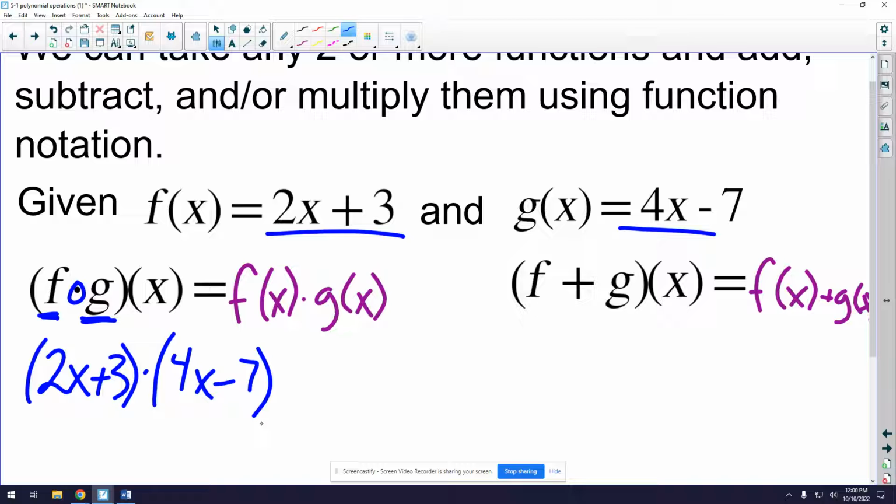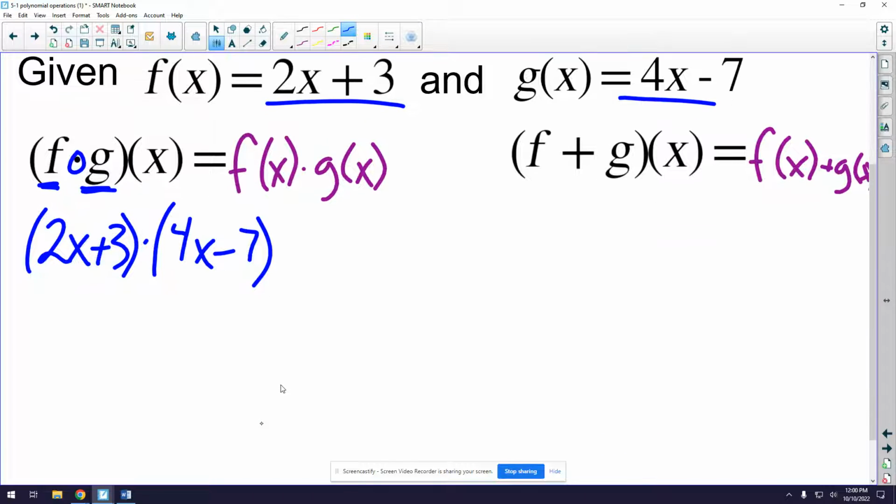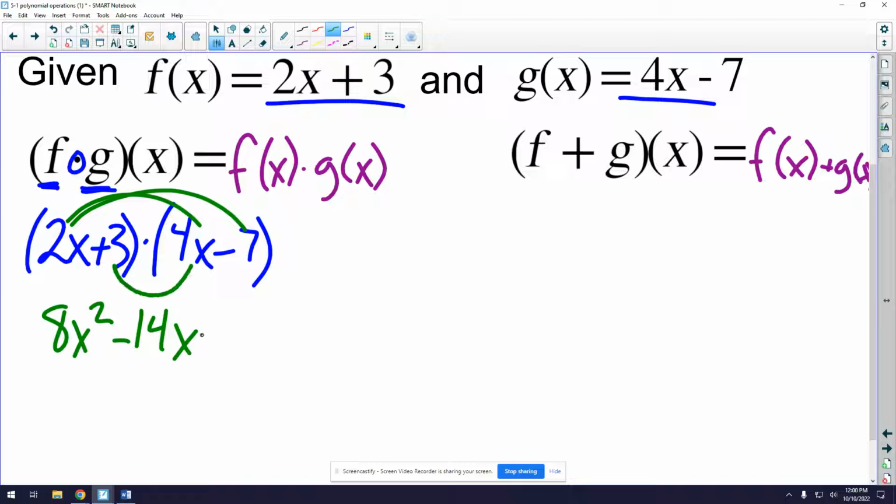After you have it set up, you do the math that you need to. Multiplication, like this one, is where you do your FOIL method. You only do FOIL with multiplication. 2x times 4x is 8x squared. 2x times negative 7 is negative 14x. 3 times 4x is a positive 12x.